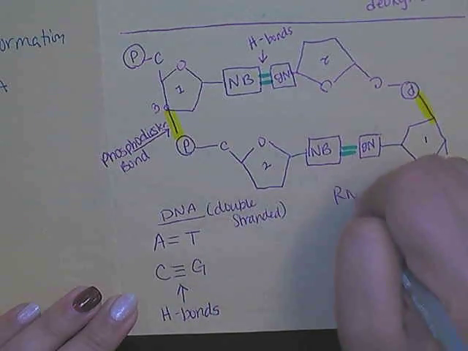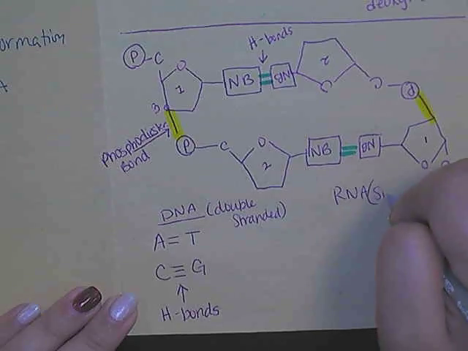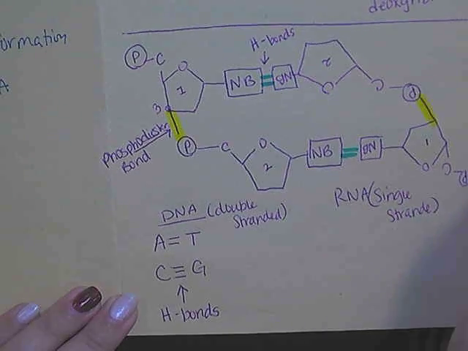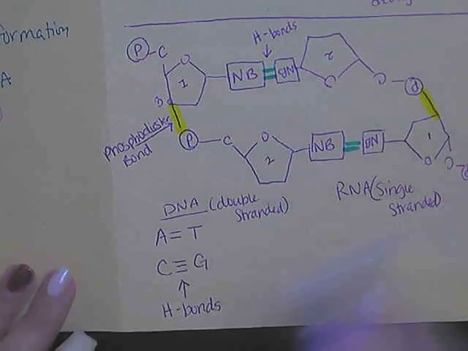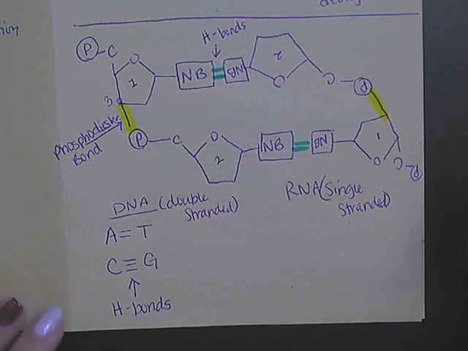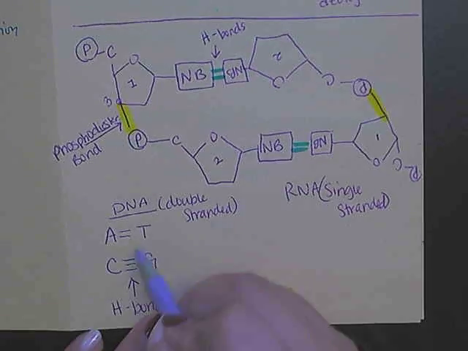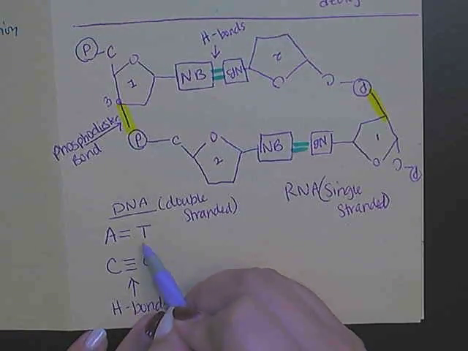Your RNA is single-stranded. And in RNA, when we do complementary base pairing, it's very similar to DNA. The only difference is in RNA, there's no T, we use a U instead.